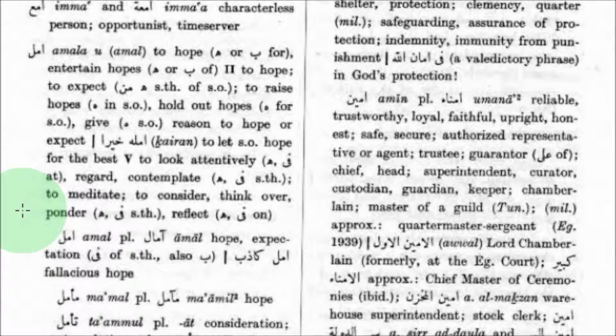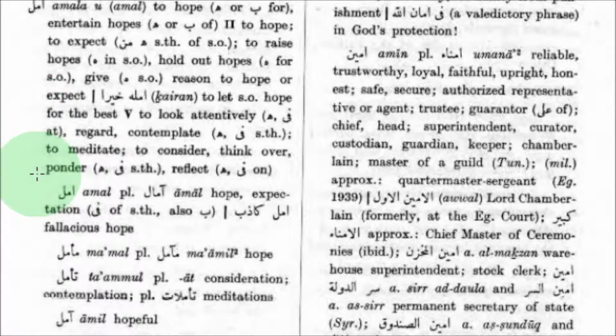But the interesting thing is Hans Wehr as a learning tool can be useful because it can give you a sense for the different ways that the Arabic language is constructed, and it can give you an intuition when you don't know a word and you don't have access to an online dictionary.